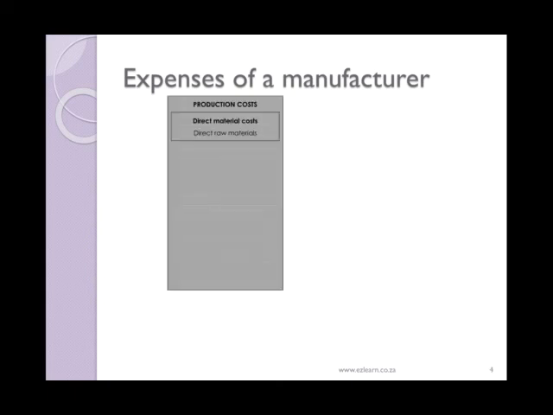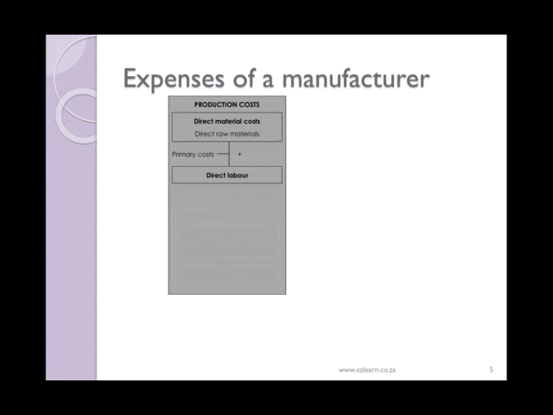Let's have a look at the actual expenses that a manufacturer will incur. As mentioned previously, we will need to consider raw materials, or the ingredients or parts that are used to make a product. These are considered direct material costs.